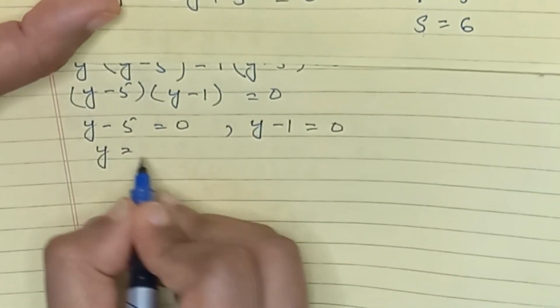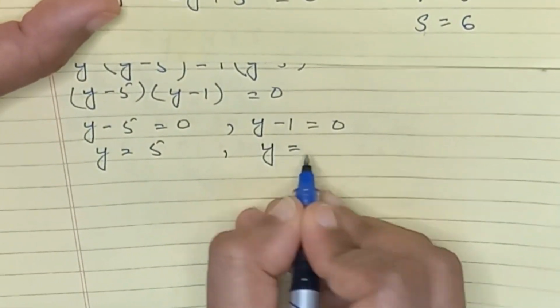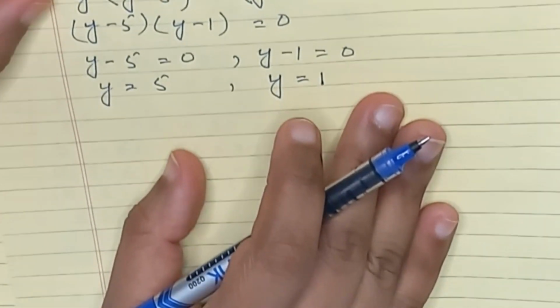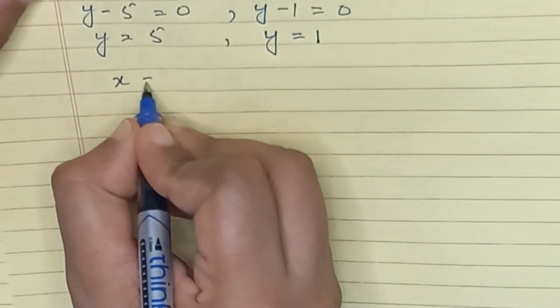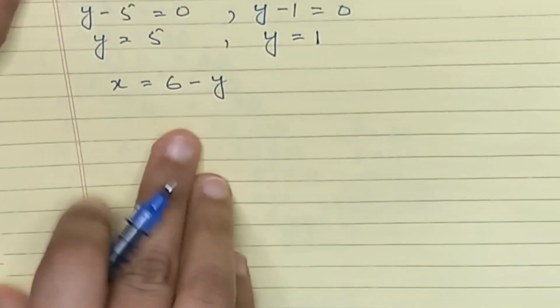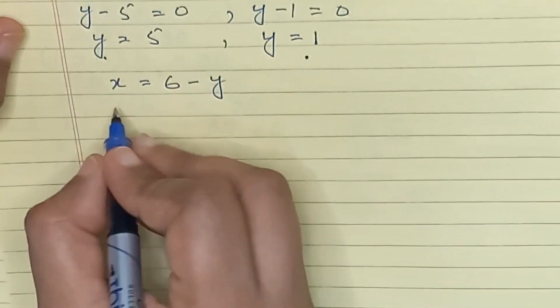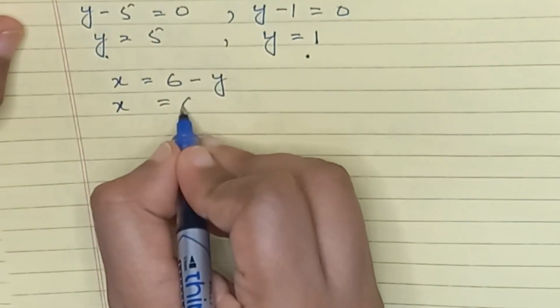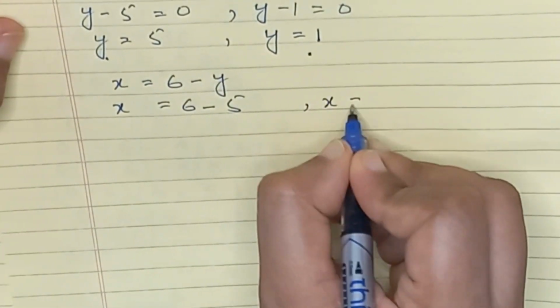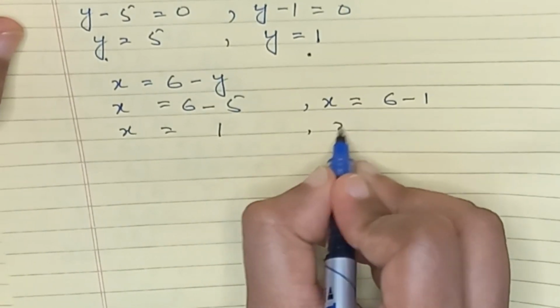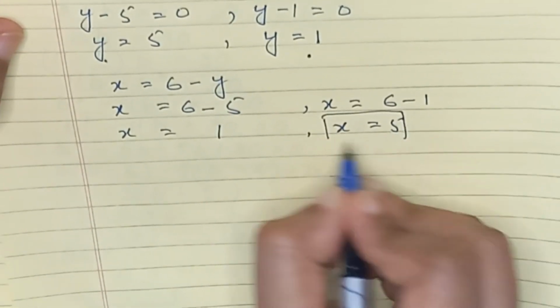So from here we have y is equal to 5 and from here we have y is equal to 1. For finding the value of x, we have again two cases, which are y is equal to 5 and y is equal to 1. So x is equal to 6 minus 5 and x is equal to 6 minus 1. So from here x is equal to 1 and from here x is equal to 5.